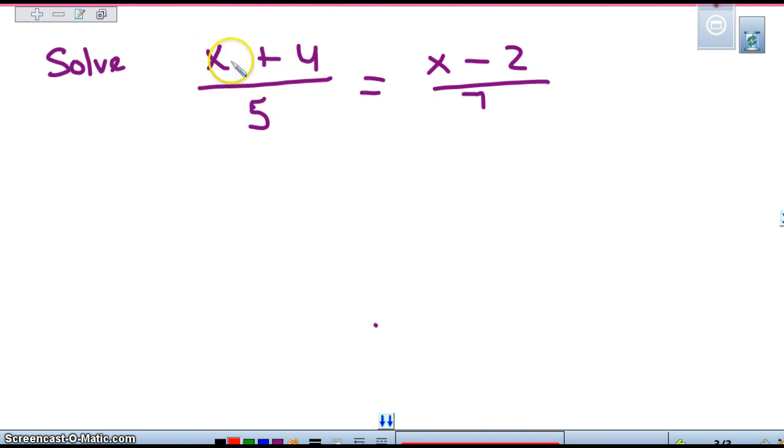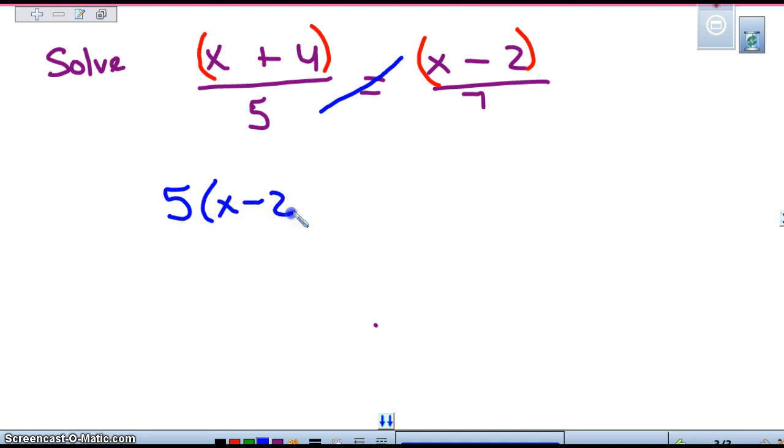If we have to solve (x plus 4) over 5 equals (x minus 2) over 7, anytime we have an expression in either the numerator or denominator, let's put it inside parentheses. Once we have our parentheses there, we can use our cross product. So 5 times (x minus 2) is equal to 7 times (x plus 4).